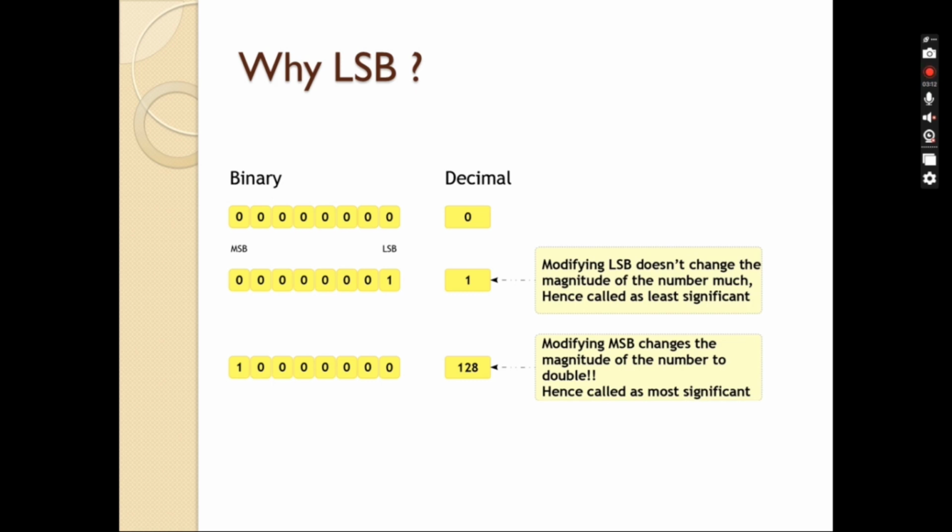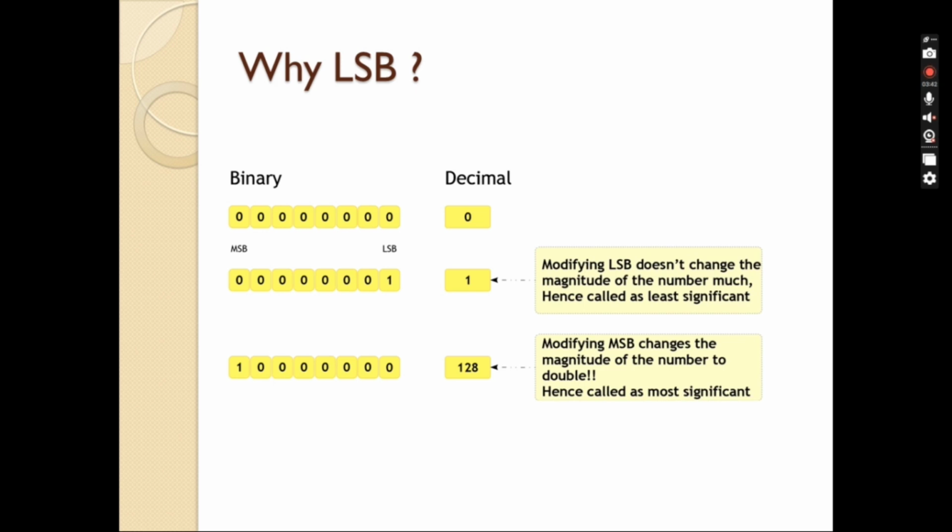So if we change the LSB bit, it's a very small value change, as shown below. If we change the MSB bit, what happens? If we change our MSB bit, the value becomes 128. Modifying the MSB changes the magnitude of the number by a lot, hence it is the most significant.